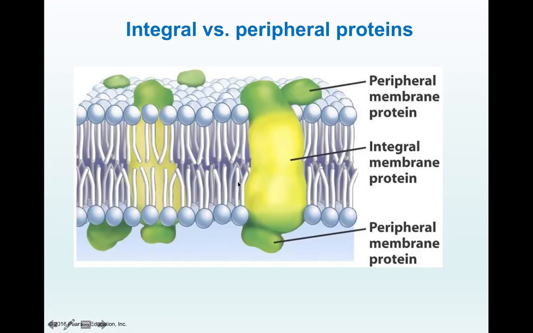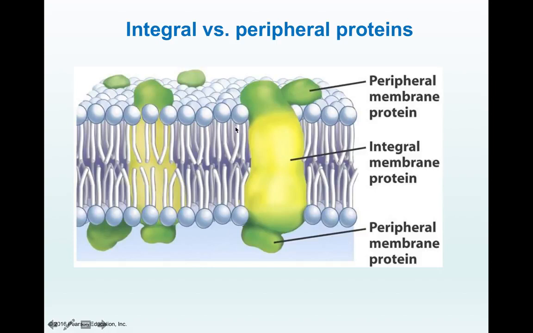Considering the characteristics of the phosphate and the fatty acid tails, these integral proteins will have very similar characteristics. What that means is that the outer edges that are interacting with phosphate, and you see them in green right over here and right in this region, these parts of the protein will have hydrophilic characteristics, as they are close to both the phosphate heads as well as a watery environment.